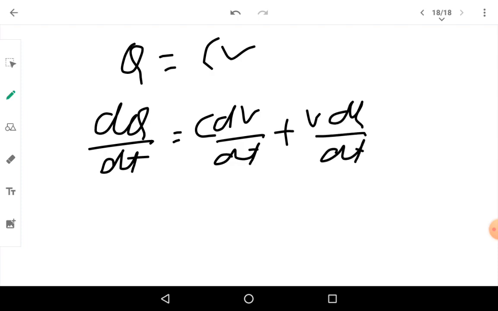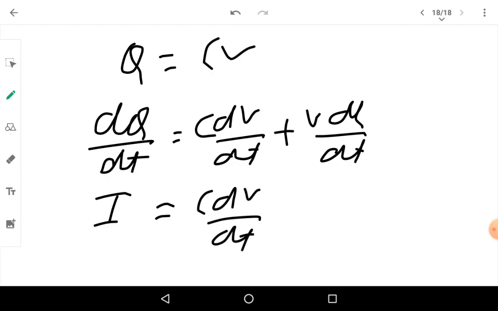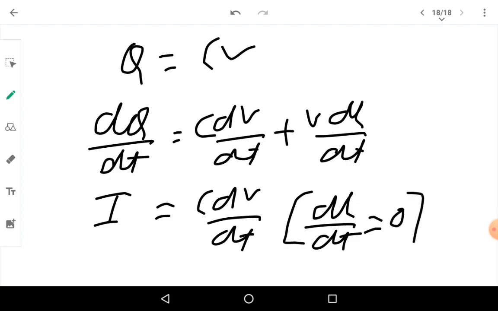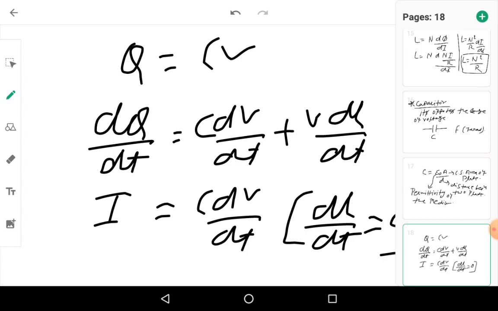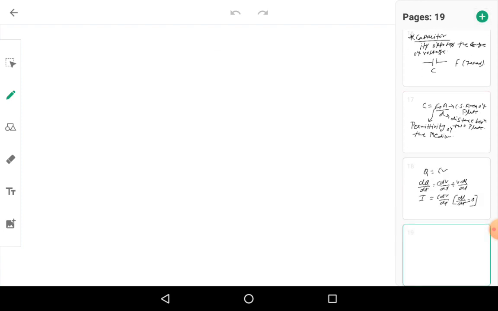We know that the rate of charge is known as current, so I equals C dV upon dt, for dC upon dt equals 0 because C is a constant. So we can write I equals C dV upon dt.